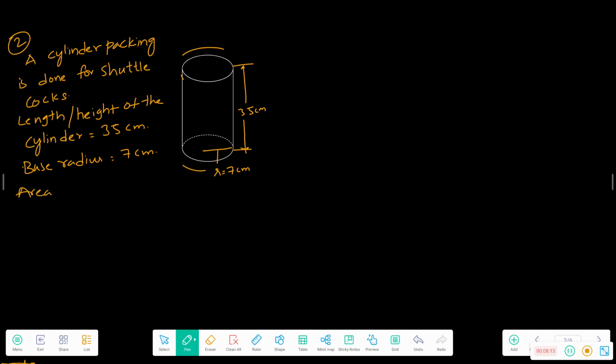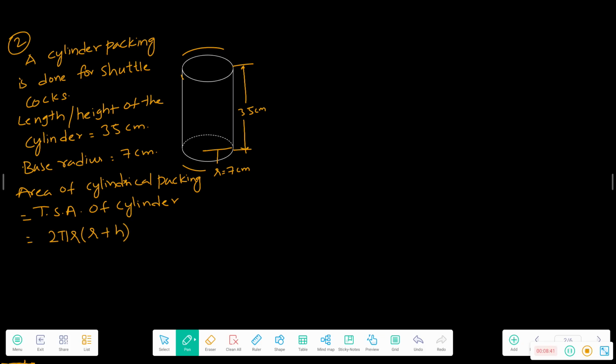So area of cylindrical packing is nothing but total surface area TSA of cylinder. We know that the formula for that one is 2 pi r into r plus h.